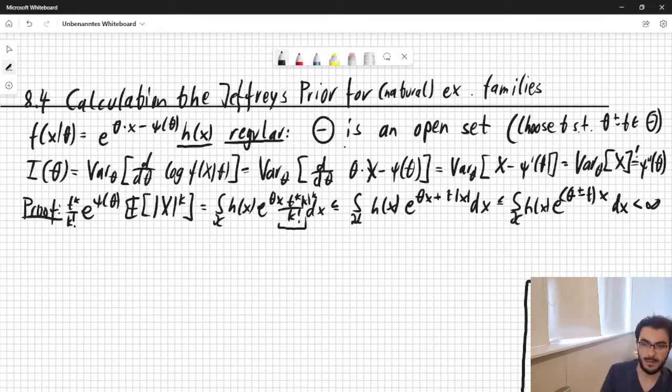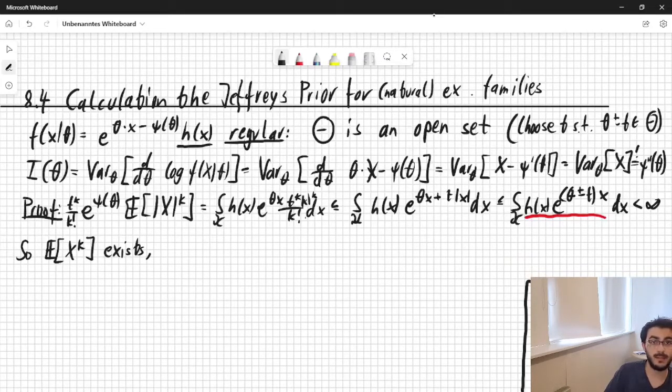What I mean is that this here, missing the constant e to the power of minus psi, is just a density. So this whole integral has to be some finite value. So the expectation of not only the absolute value, but in particular of x to the power of k exists.